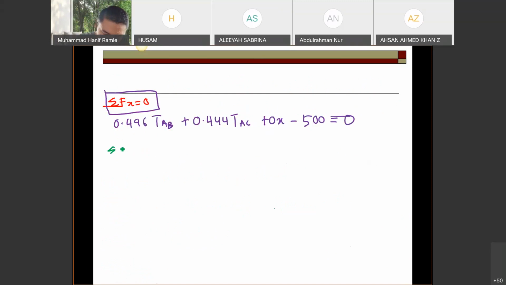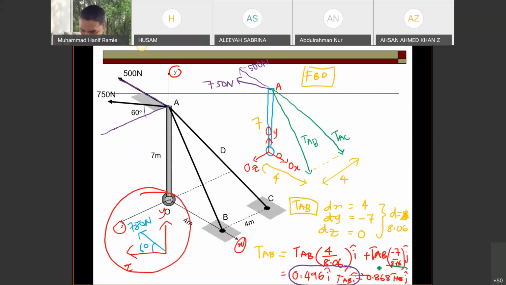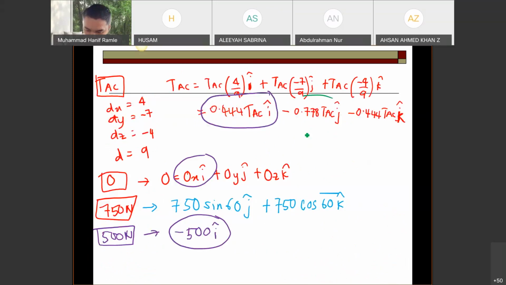The second one is the Y component. From here, the Y component: this one minus value, this one, this one.